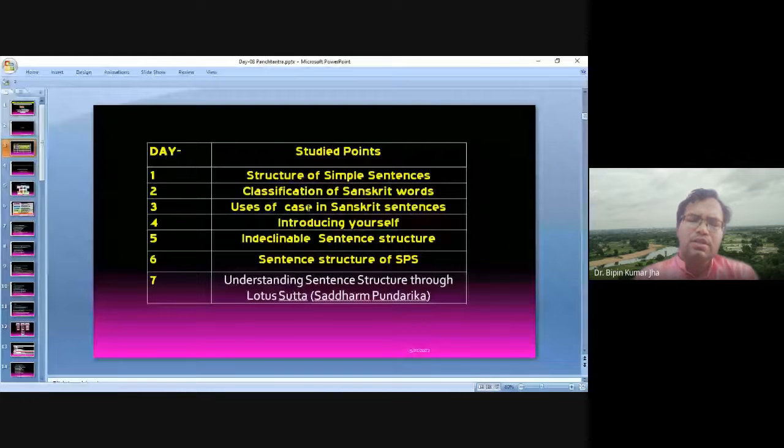In this lecture, we studied specifically what the case is and how we can use it while creating sentences, while trying to understand Sanskrit text. So that is a crucial point in Sanskrit grammar, and that's why I introduced this one.